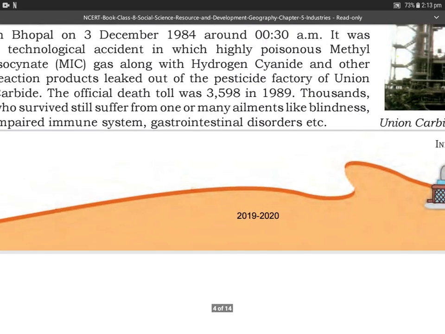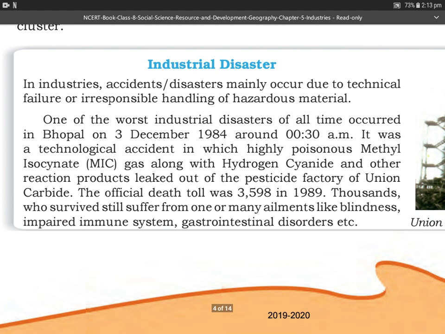The previous one, the Bhopal case, was considered one of the deadliest accidents in the history of Indian industries. And in civics also they have described it, because at that time this unit they established at Bhopal was given permission even though there was a chance of this type of leakage.